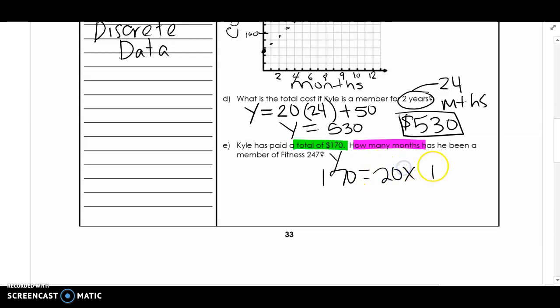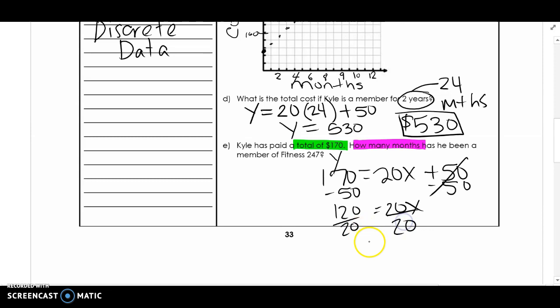So we're going to set up our equation 20x plus 50 equals 170 and solve. So I'm going to subtract 50 from both sides. 120 equals 20x. Divide both sides by 20. And we get that X equals 6. So the answer to this question is 6 months.